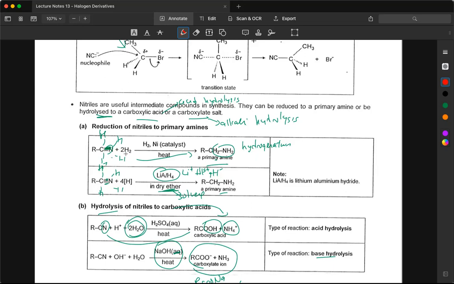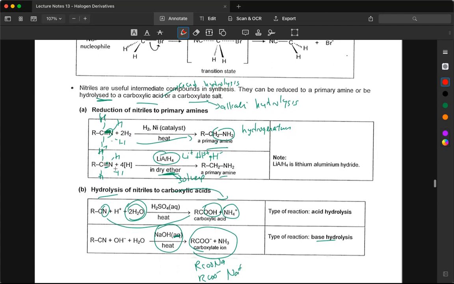So 4 hydrogen atoms, 2 of them bonded to C, the other 2 bonded to N to form the primary amine. Other than this reagent and condition, we can also use LiAlH4 in dry ether as a solvent to produce the same product.